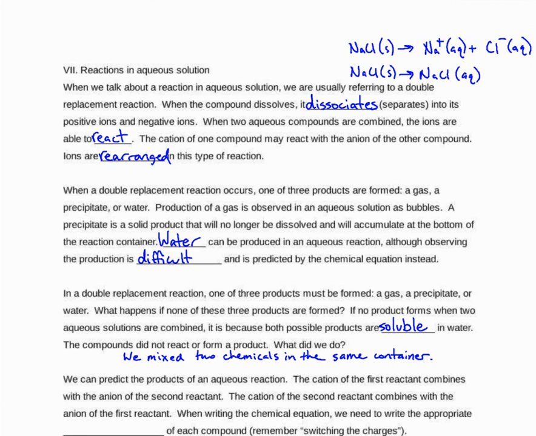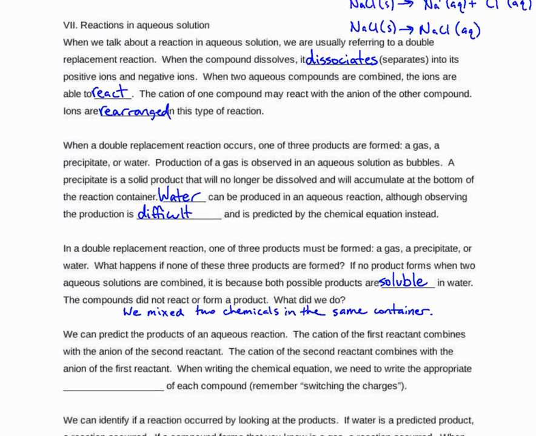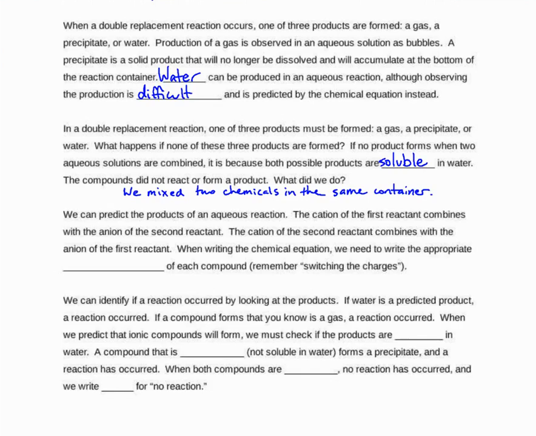Not much. We mixed two chemicals in the same container. So we can predict the products of an aqueous reaction. We did it just a little bit ago on the previous page.